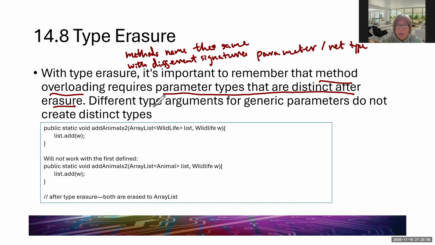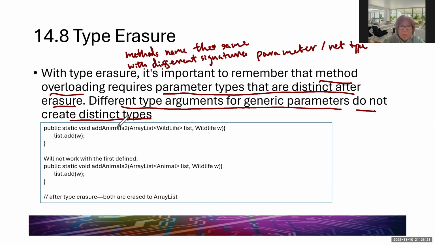Different type arguments for generic parameters do not create distinct types. So be careful here. When we try to write an overloaded method, we need to be careful.